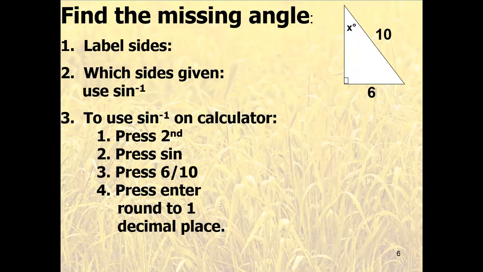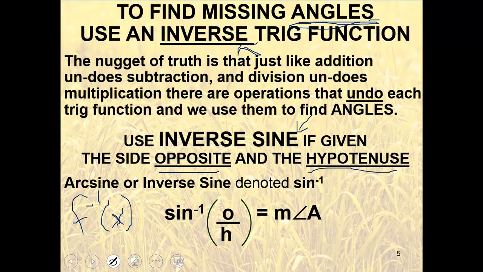Let me go back a slide because I just kind of blew right through this. Inverse sine of the side opposite over the hypotenuse, that's going to give you the measure of the angle that you're looking for. A lot of times this will be like x degrees, okay? The thing that you're going to plug in here is the side opposite, and you're going to divide by the hypotenuse, okay?